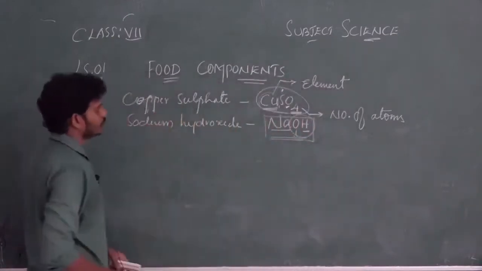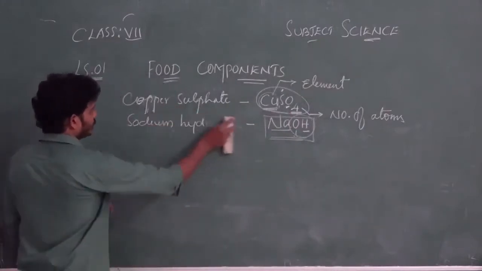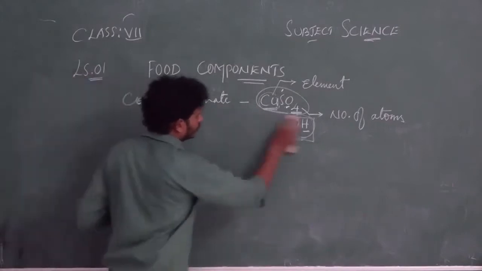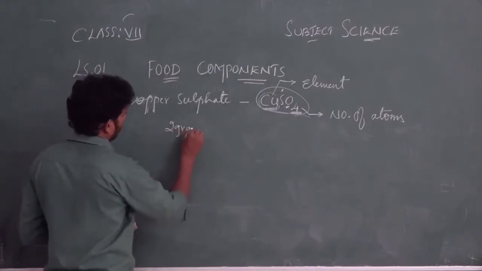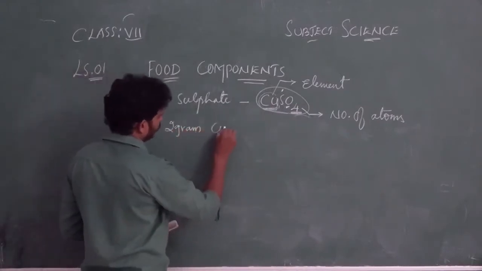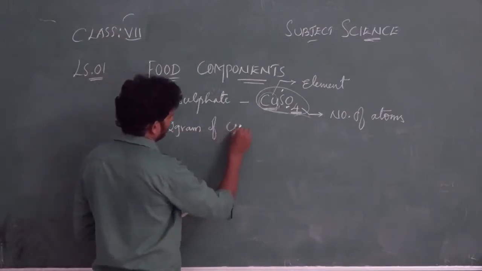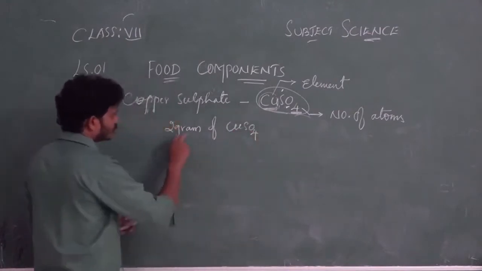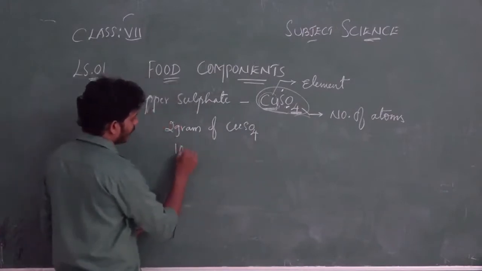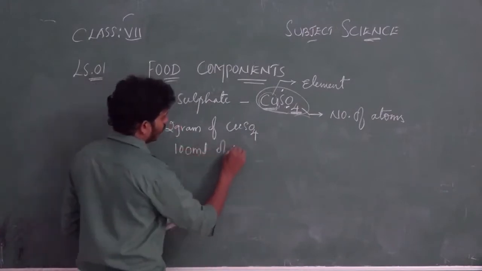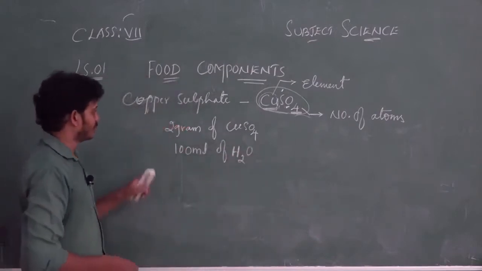For preparation of 2% copper sulfate solution, first take 2 gram of copper sulfate and add it to 100 ml of water, H2O. First, for this, what are you taking?